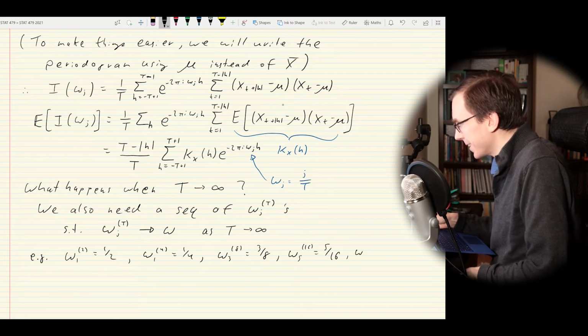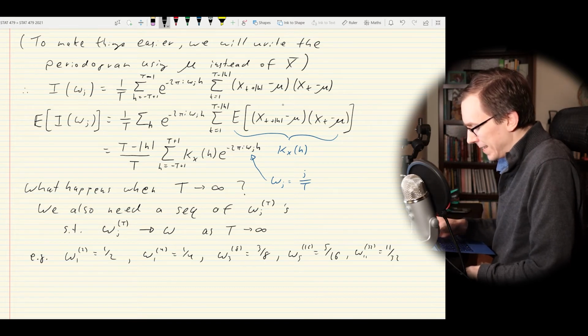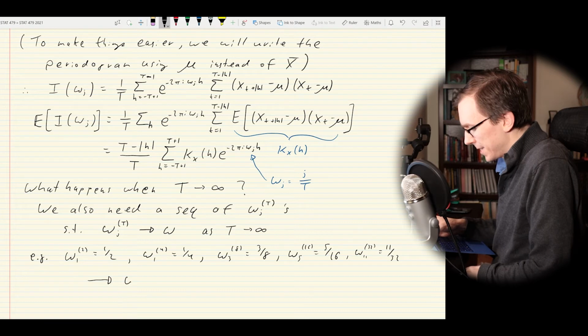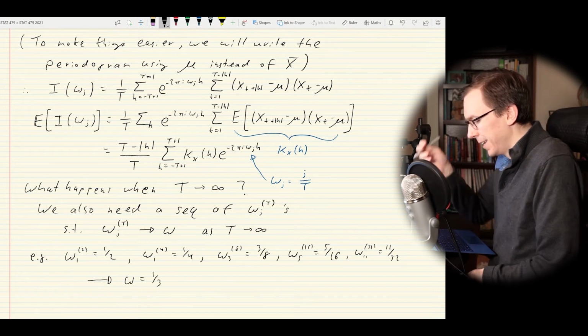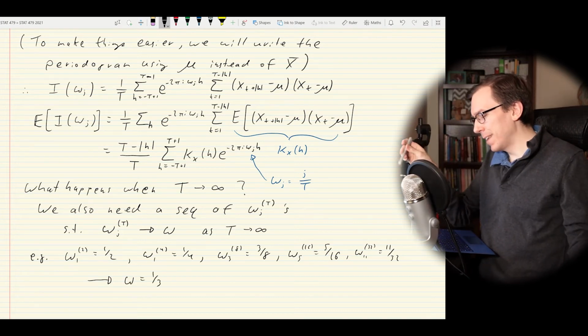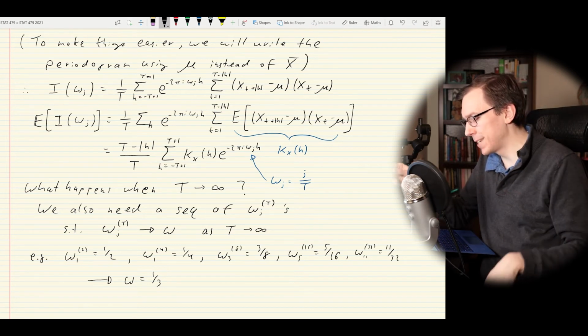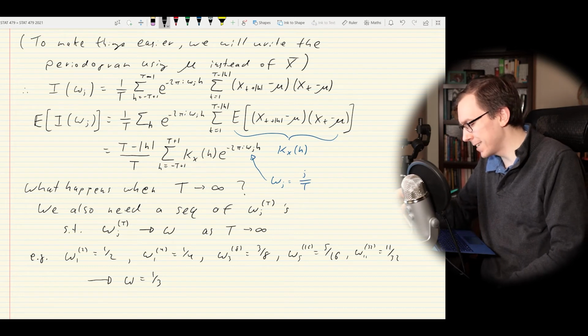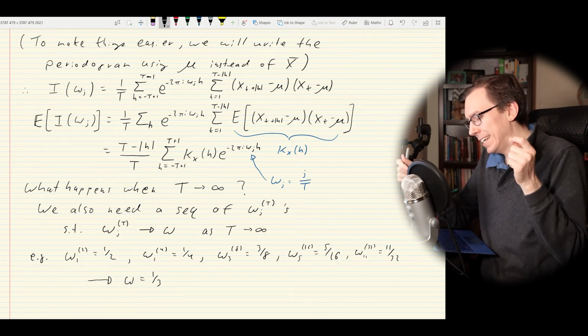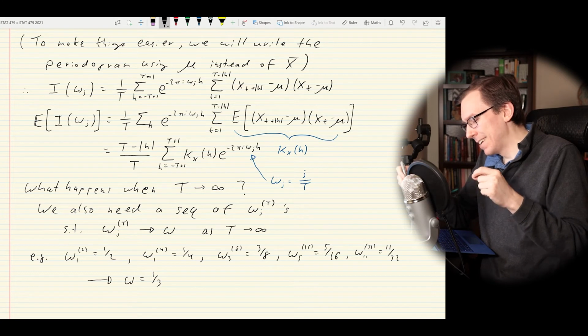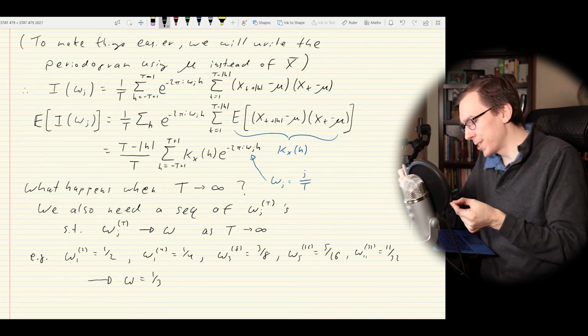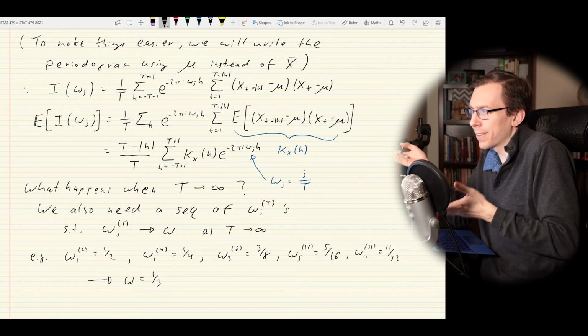We could do omega 11 over 32 is equal to 11 over 32, etc. So in this case, we'd be tending towards some omega, which is 1/3. So this is just an example that as I double the sample size from 2 to 4 to 8 to 16 to 32, I can get a sequence of omegas that tends towards some target, like 1/3.